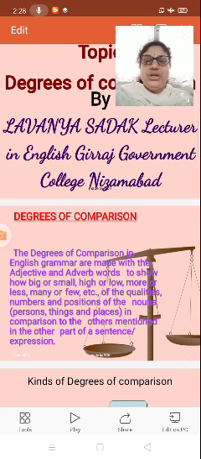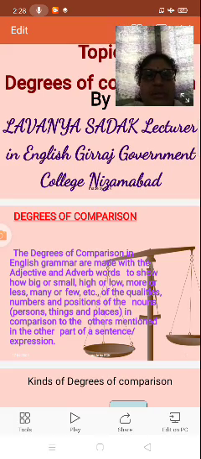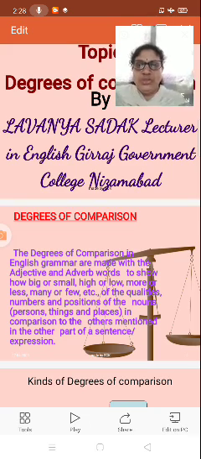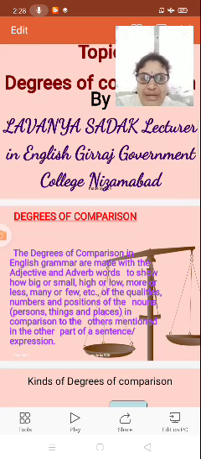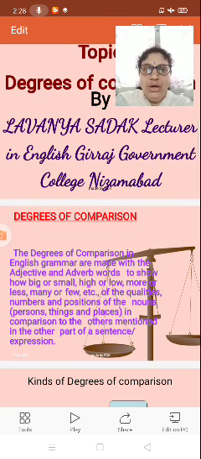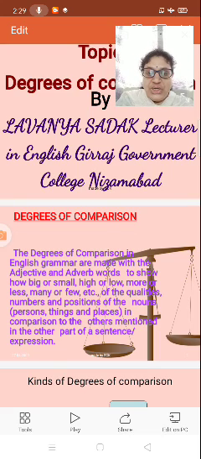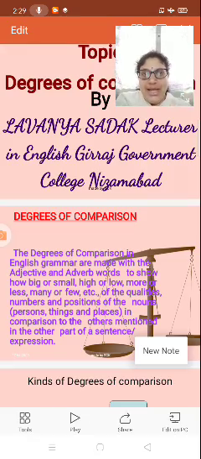The degrees of comparison in English grammar are made with adjective and adverb words to show how long, how big or small, how high or low, more or less, many or few, etc., of the qualities, numbers, and positions of the nouns, persons, things, and places in comparison to the others mentioned in the other part of a sentence or expression.